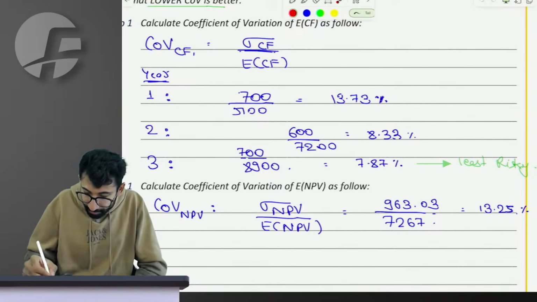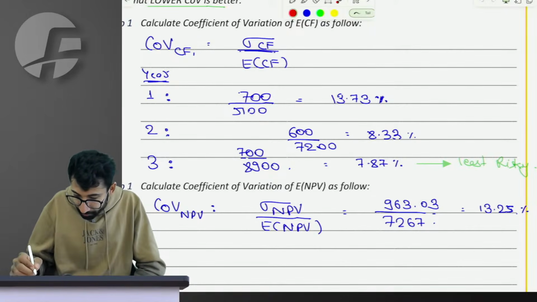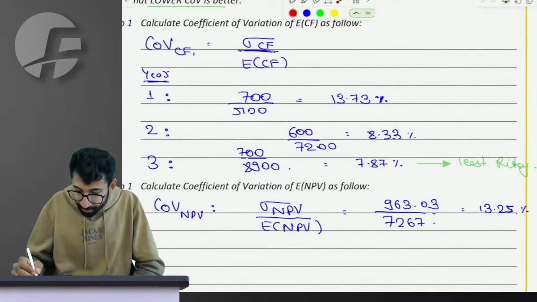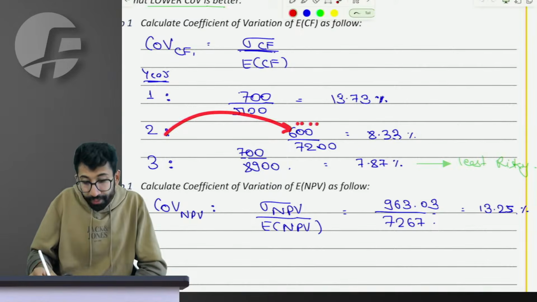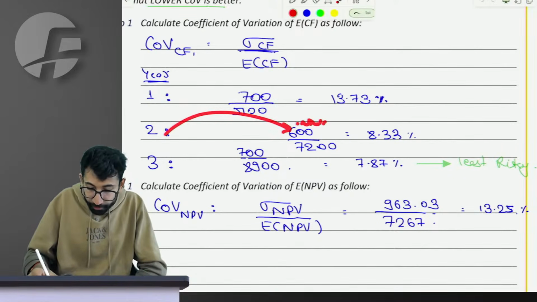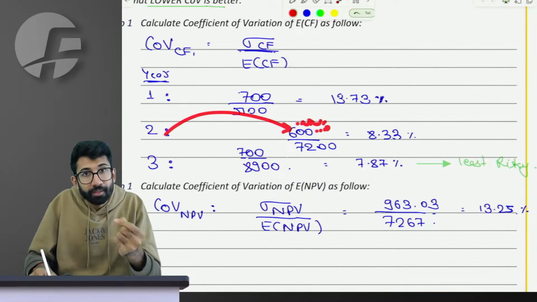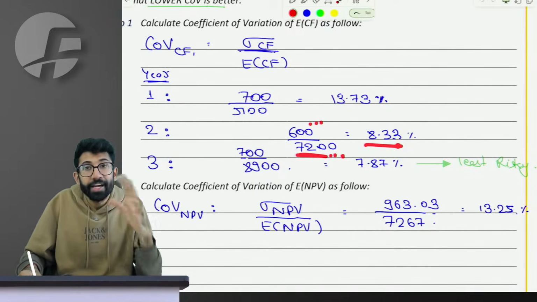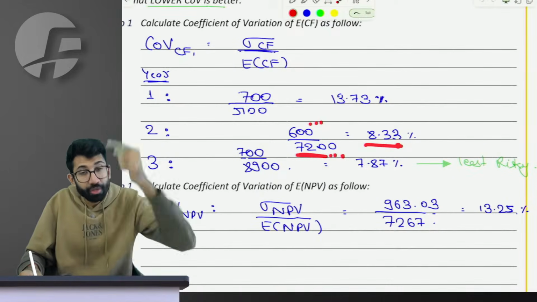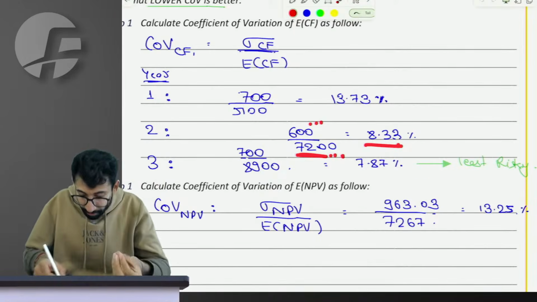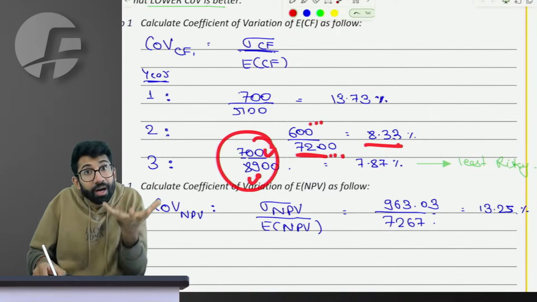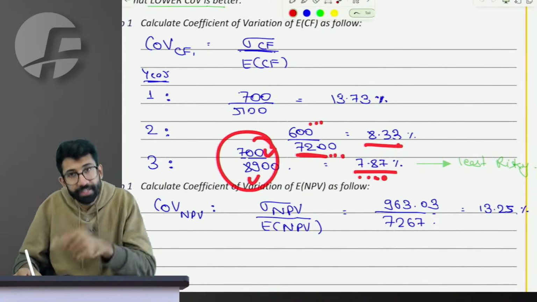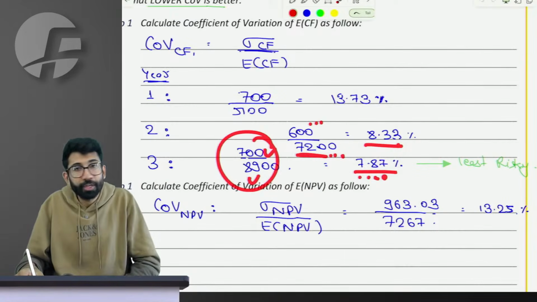You were saying that second year's cash flow is less risky than third because of only a deviation of 600. But please feel, 600 deviation on a lower amount is 8.33% of your cash flow subject to deviation. Here 700, but on a higher base, only 7.87% of the cash flow is subject to deviation.